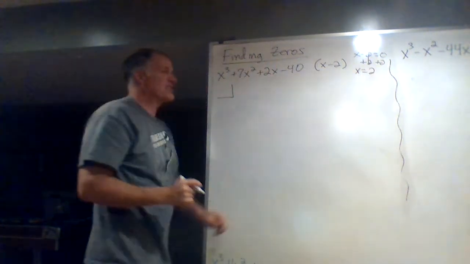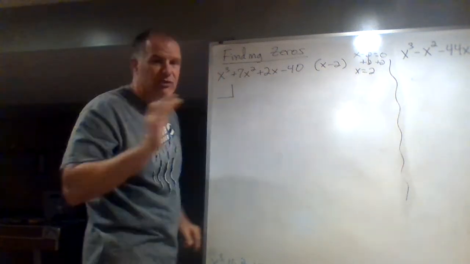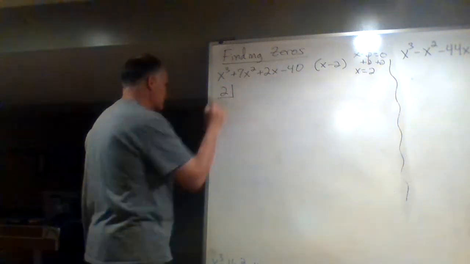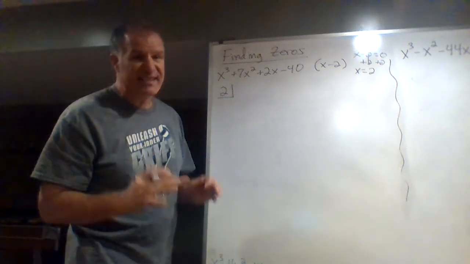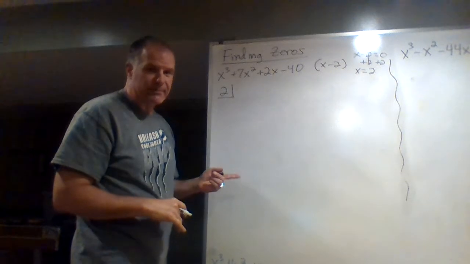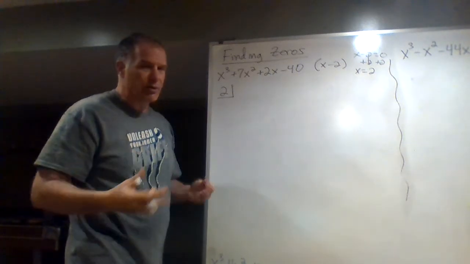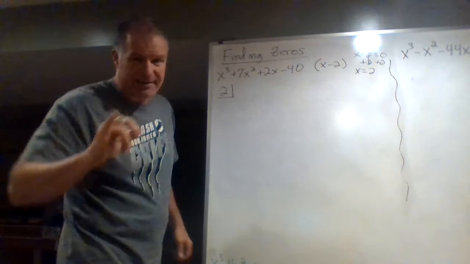So remember, if it's a -2 in the binomial, the factor is actually a +2 right there. Remember, if you get that sign wrong, you have to get 0 at the end for the remainder. So when you're doing your homework problem, if you're not getting 0, something's wrong. Go back and check your steps. Go back and check your signs.